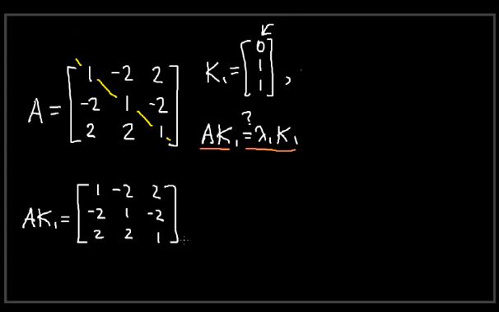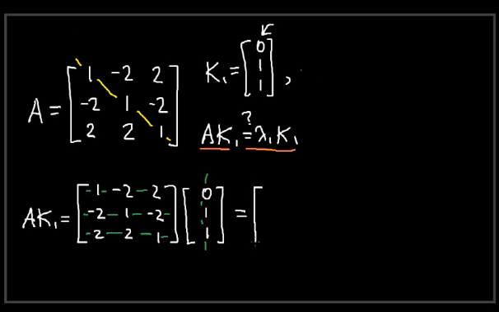So if the matrix A is that and the matrix K1 is this, then the way the matrix multiplication works, as you probably know already, we take the rows and we multiply it by the column, term by term, and then adding the terms, and that will be the first entry, and then we do the same thing for the second entry and the third entry of the column matrix we're expected to get here.